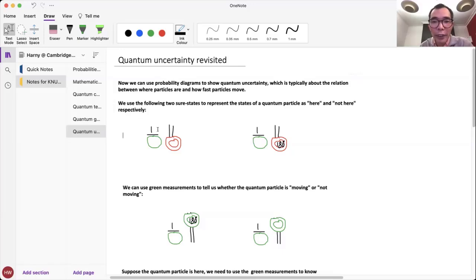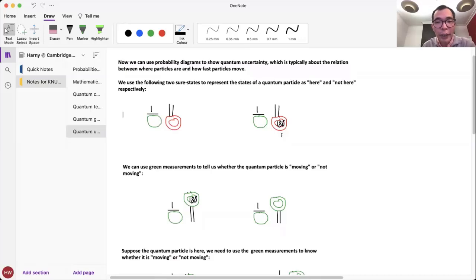This represents the state as here, and this means not here. And similarly, we can use green tests, green measurements, to tell us whether the quantum particle is moving or not moving. This means moving. This means not moving.